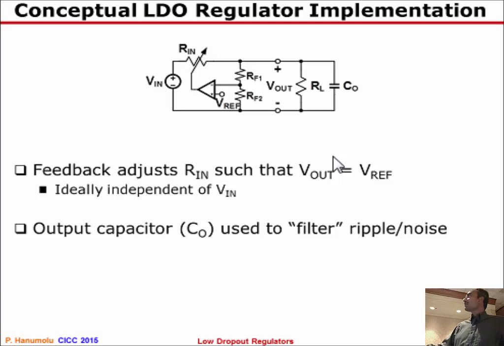If this feedback is good enough, then for any values of RL, your output is going to be some beta times VREF, regardless of the output current. So at a very high level, that's at least the minimum requirement that an LDO should satisfy.